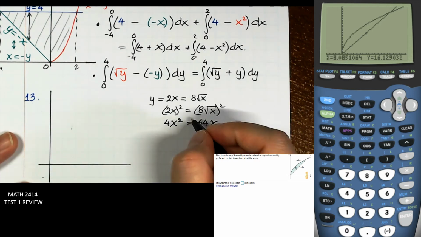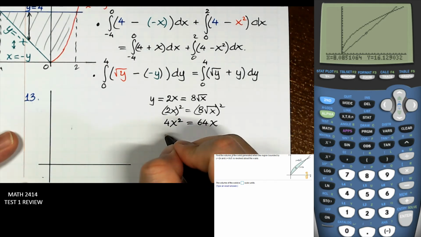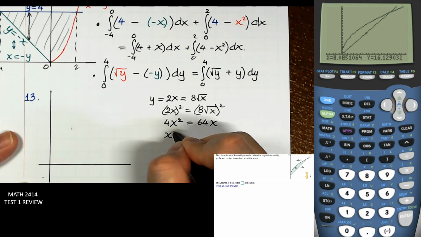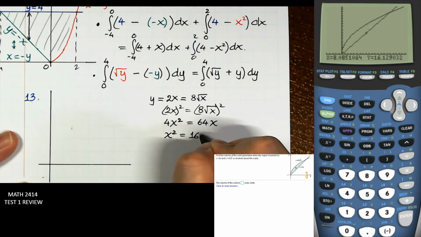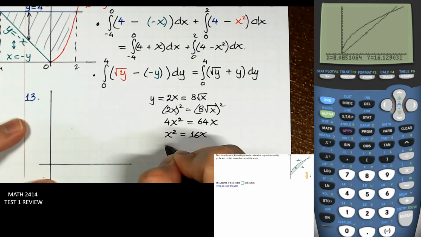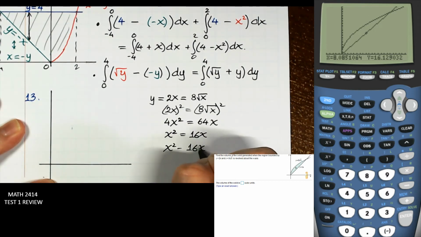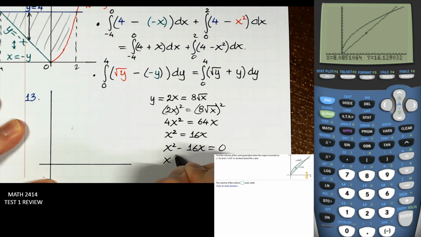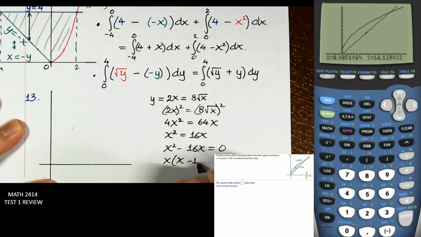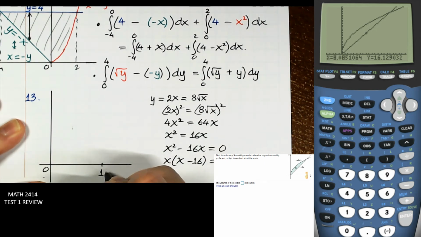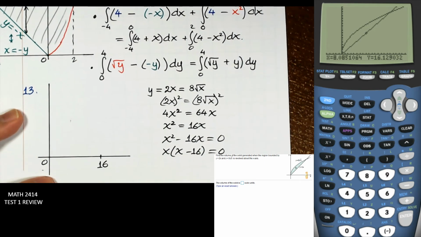Move everything on one side. Divide by 4. X squared equal to 16x. Move everything on one side and factor out the x. So we have 0 and then 16 are the intersections.